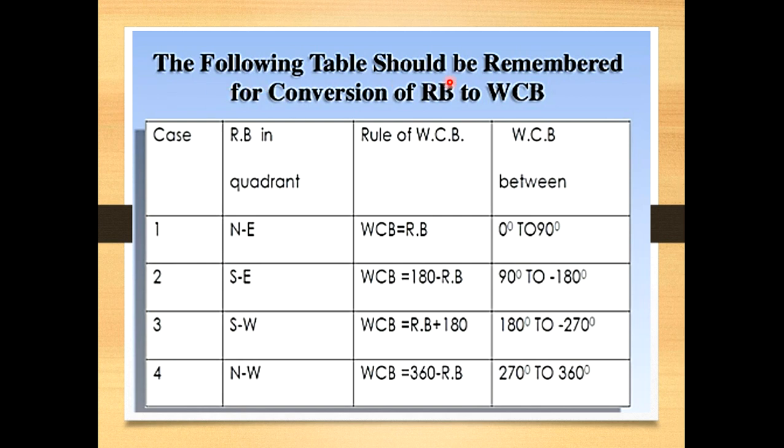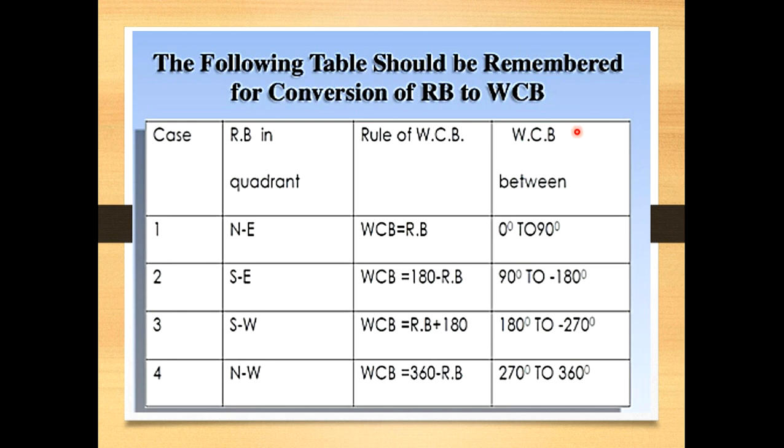Then the following table should be remembered for conversion of RB to WCB. So how to calculate WCB when RB is given? Okay, so RB in quadrant NE, SE, SW and NW. This is the first quadrant, second, third, fourth.